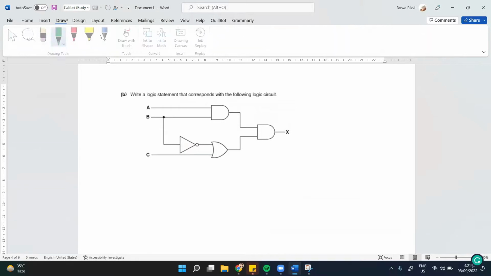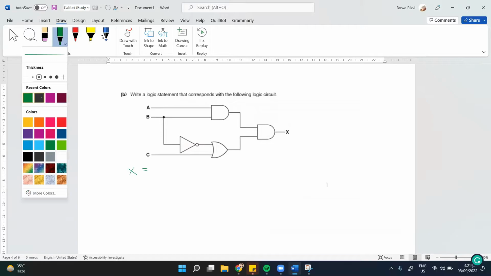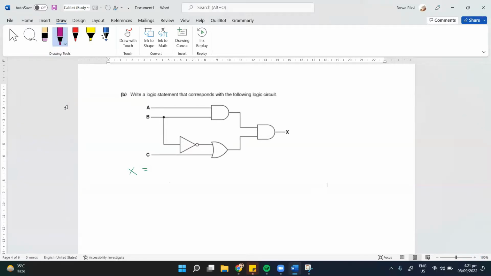You mean writing the X equals thing? Yeah, exactly. I'm going to do it as you do it as well, so that you can keep checking your answers, and wherever you don't understand, make sure you ask, okay?